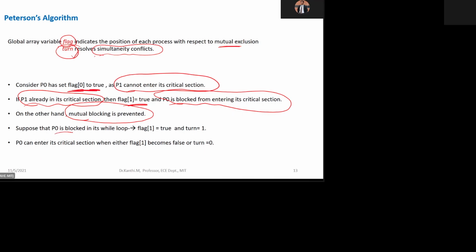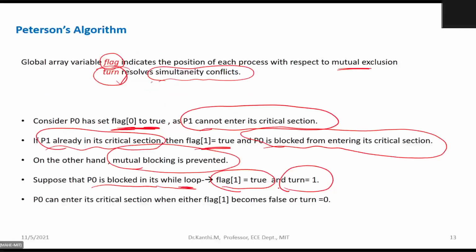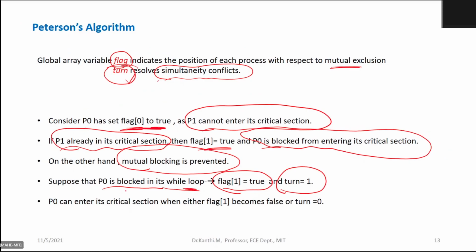Suppose P0 is blocked in its while loop, then flag 1 is true and turn is equal to 1. P0 can enter its critical section when either flag 1 becomes false or turn is equal to 0.